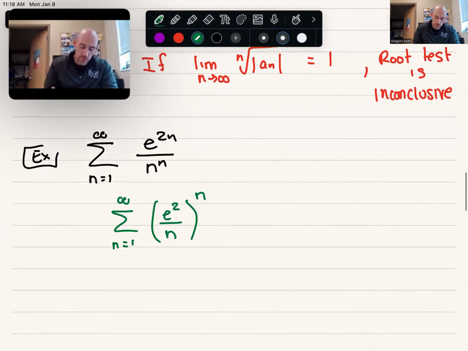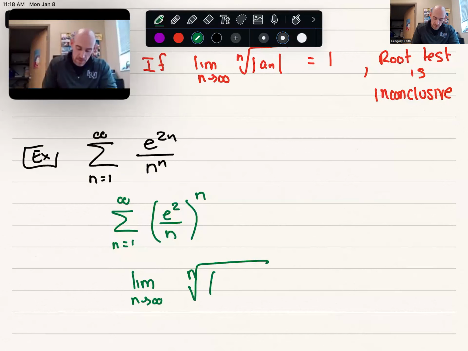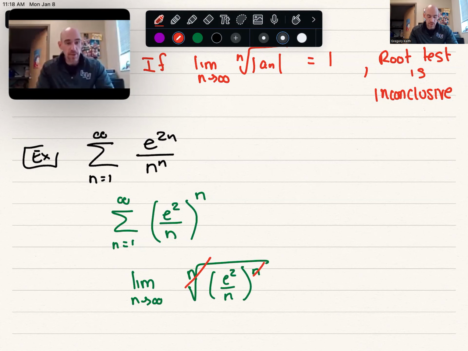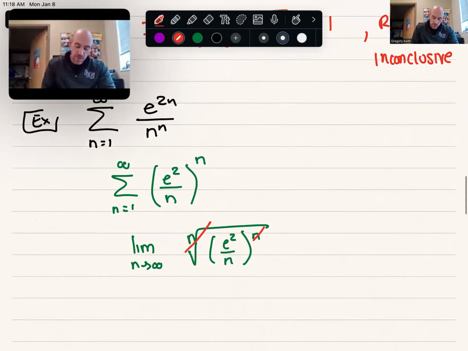Well, if we go ahead and do the limit as n goes to infinity of the nth root of e squared over n to the n power, we see that the root and the nth power cancel, and that's what should happen. You should end up being able to cancel something like this. And then once that cancels, you have the limit as n goes to infinity of e squared over n.